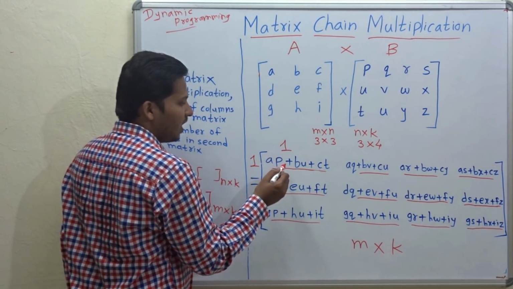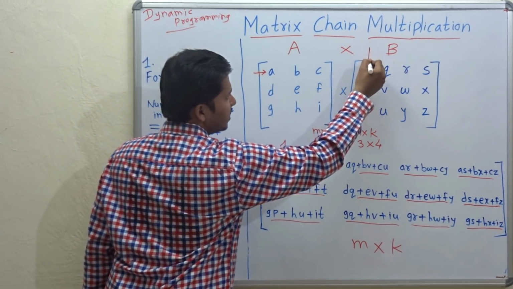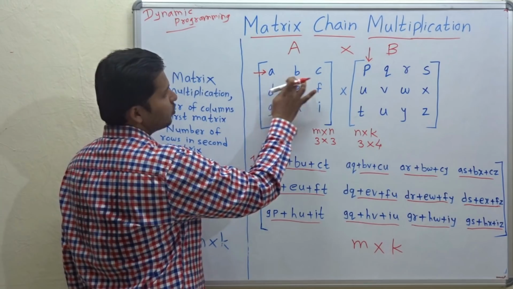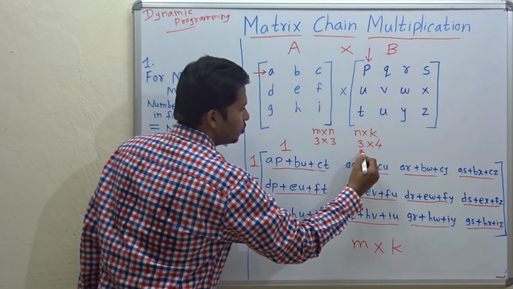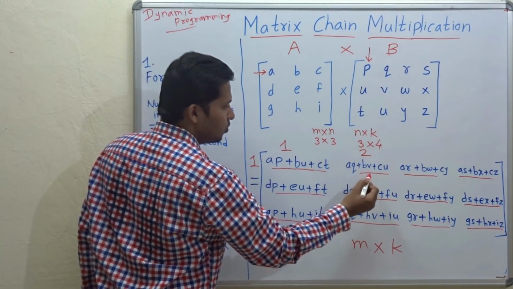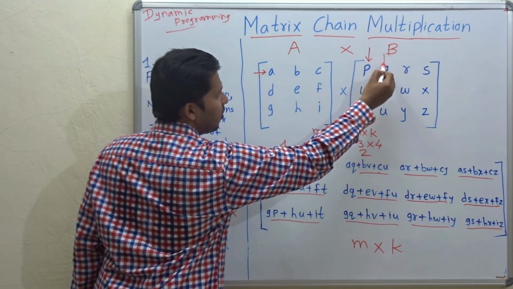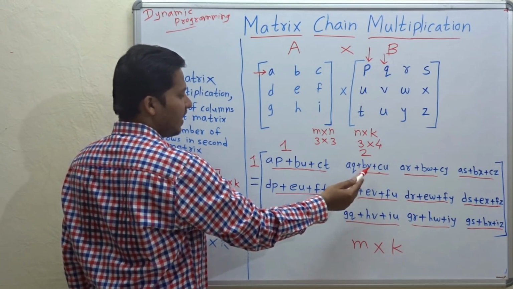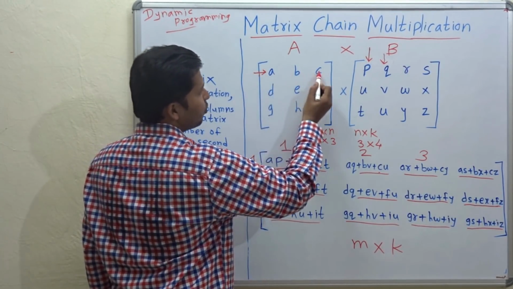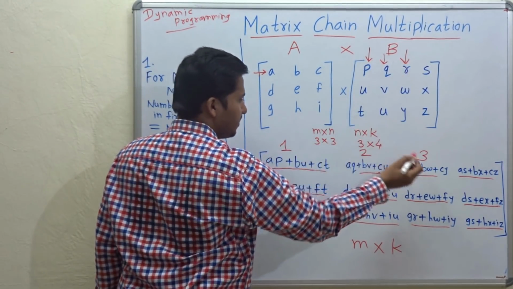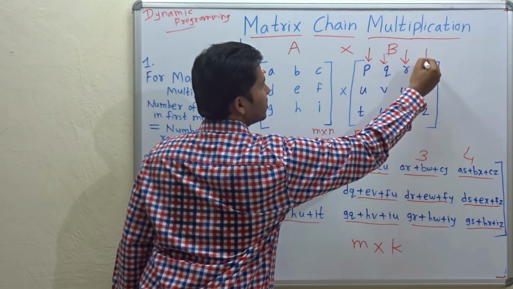Now this value comes by multiplying the first row of A with the first column of B. Now 1 2, this is the second column, so this cell value comes by multiplying the first row of A with the second column of B. Then 1 3, this value comes by multiplying the first row of A with the third column of B. And 1 4, this value comes by multiplying the first row with the fourth column of B.